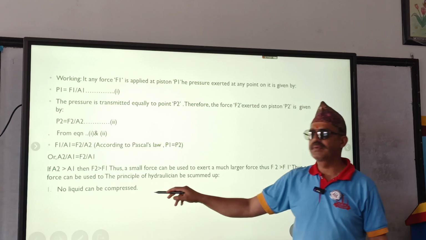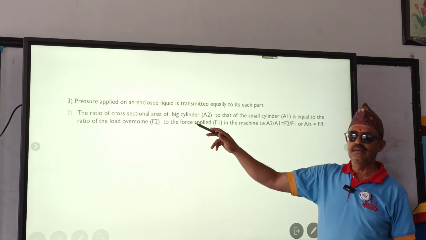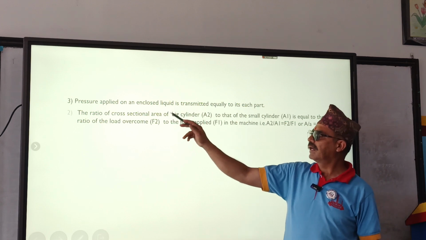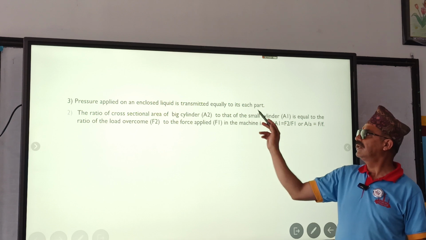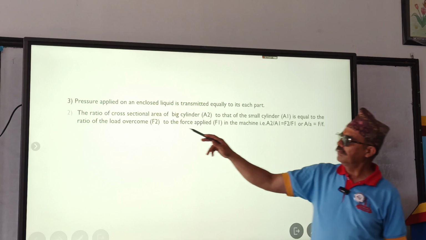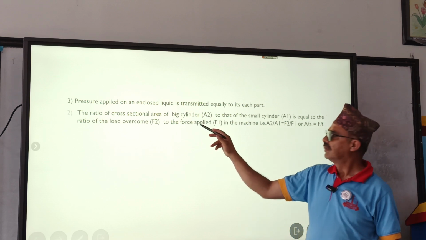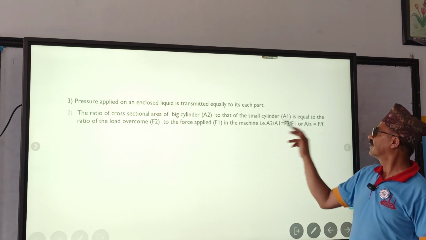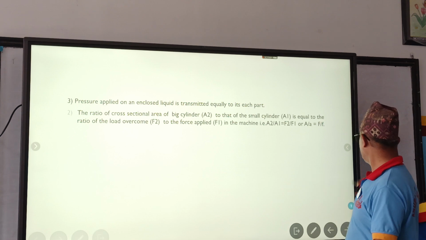No liquid can be compressed. We cannot compress the liquid. Second, pressure applied on an enclosed liquid is transmitted equally in all its parts. And the third one: the ratio of the cross-sectional area of the big cylinder to that of the small cylinder is equal to the ratio of the load overcome to the force applied.